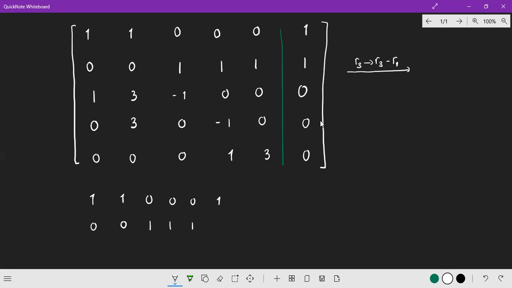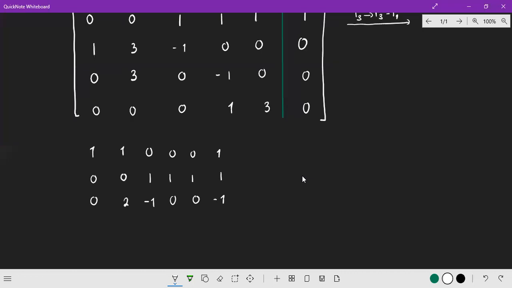1, 1, 1, 1. And then this one here, if you subtract the 2 rows, you're going to have a 0 here. You're going to have 3 minus 1, which is a 2. Okay, here you're going to have -1 minus 0, which is -1. Okay, and then 0 minus 0, you have a 0 here. 0 minus 0, you have a 0 here. And then you have 0 minus 1, you have a -1.